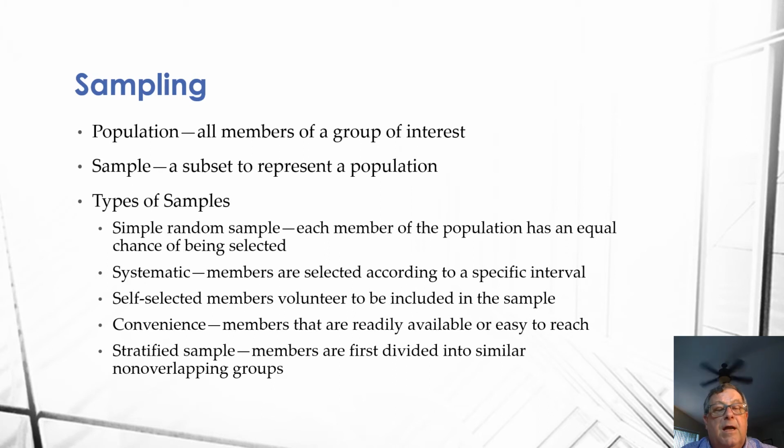That would give us an example of a stratified sample. So let's look at a couple of instances where we're going to identify the sample group, the population, and the type of sample, and a reasoning for why.